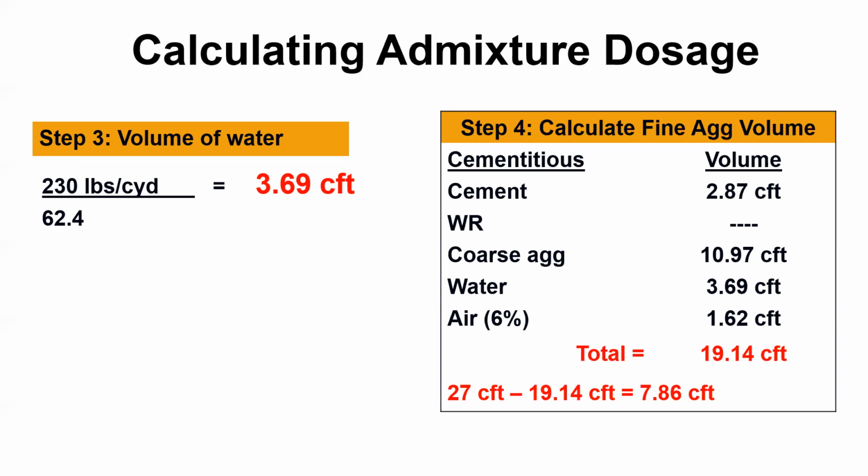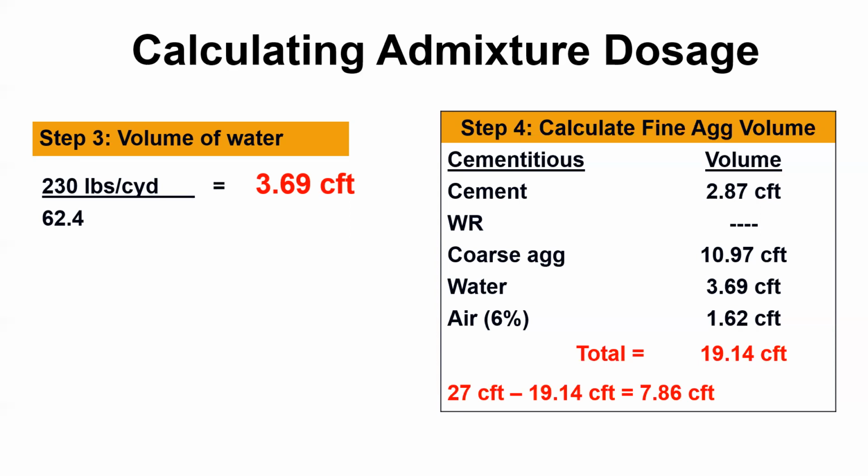So then your next step is you want to figure out how much sand you have in your mix. So you are going to take, your cement was given, your coarse aggregate was given, and your air was given. So we're just modifying how much water was in our mix. We're just going to neglect the very small amount of water reducer, because it's probably 0.00001 or something for the cubic feet.